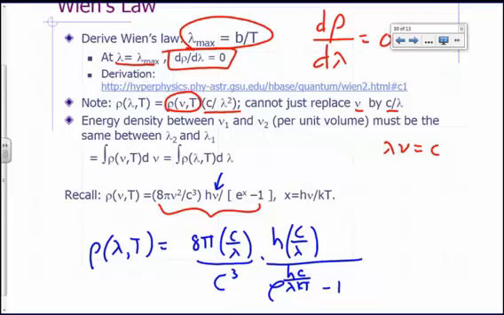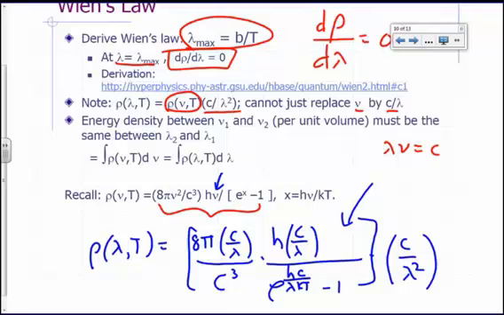Okay, you cannot just do that. You have to have an extra term here that says c over lambda squared. So this is a spectral density per unit frequency. Multiply that by this expression, you get the spectral density per unit wavelength.